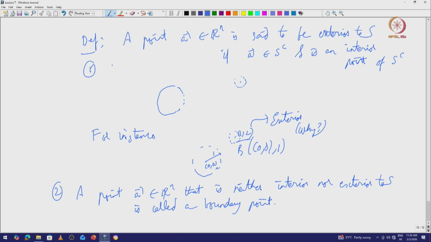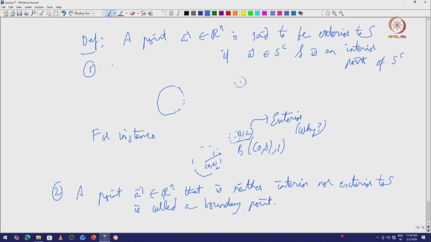So what is a boundary point? It's neither interior, which means if I take any small ball, it's not entirely contained within S, so it contains at least one point outside of S. And if I take any small ball, it's not entirely contained within the complement either, so there is at least one point from within S. So genuinely it's a boundary point.